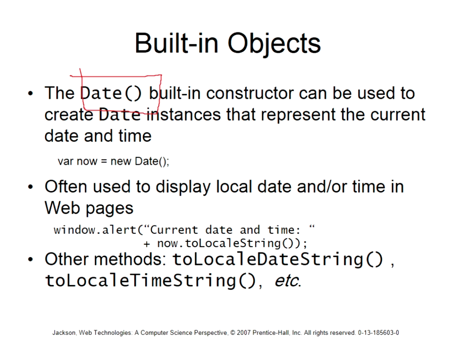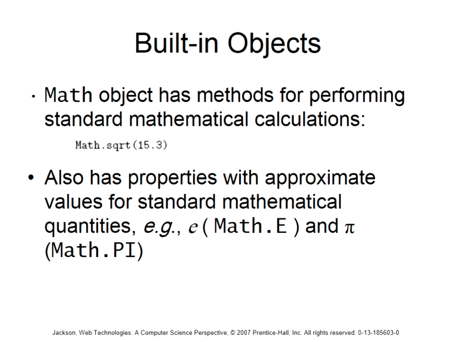We can use this built-in object to manipulate dates. And we can also use Math. Math is a built-in object. Is it clear? So this is the last slide of our chapter.